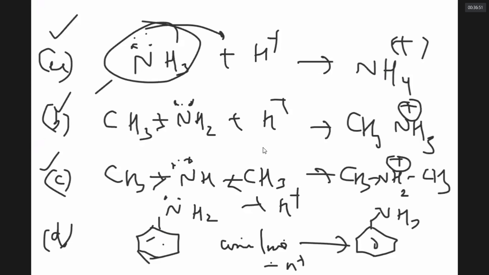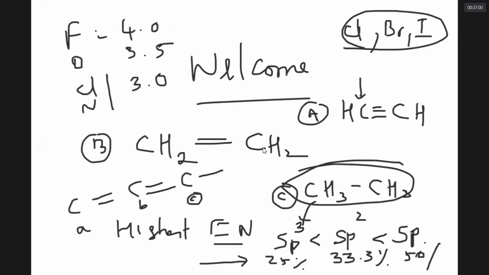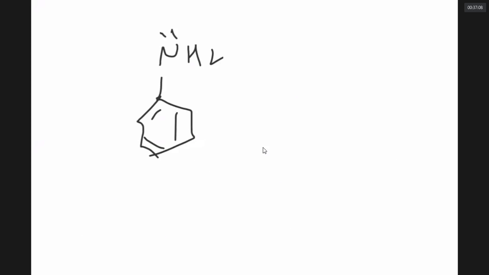Now let us look at D. We write D separately. In D, aniline, the lone pair, single bond, double bond, single bond, double bond, single bond, double bond, single bond. This resonance possibility can take away the electron pair into benzene due to plus R effect.